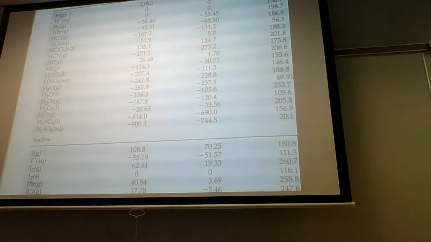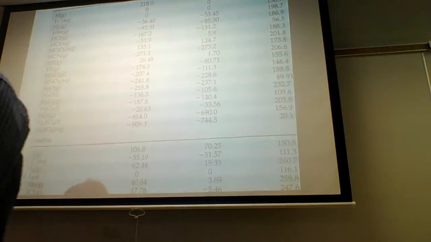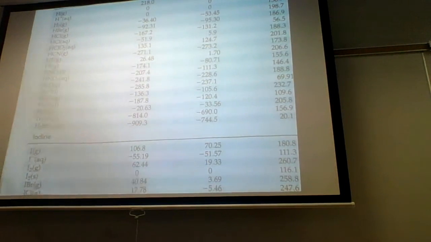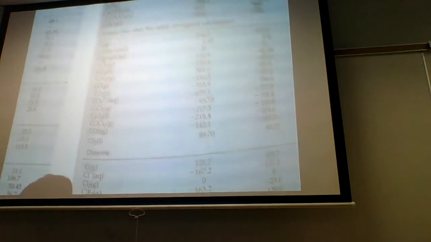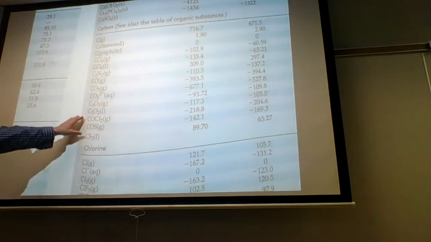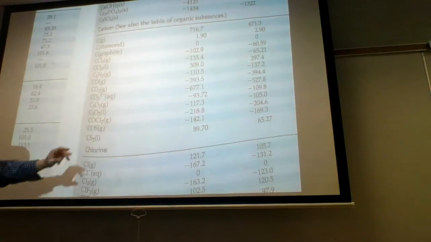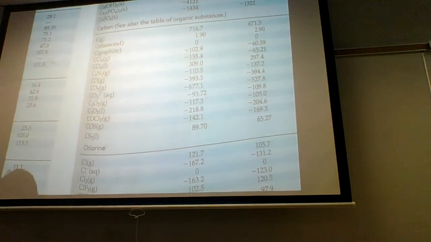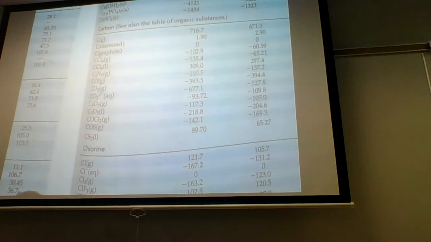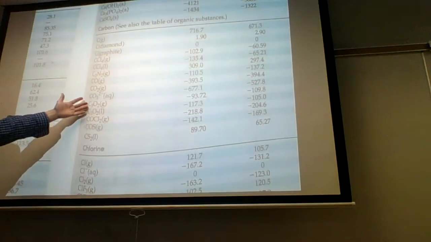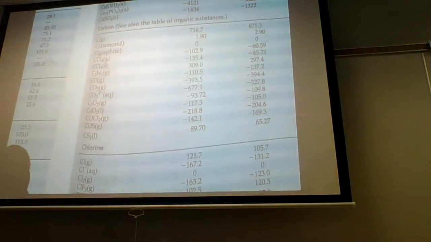Okay, minus the reactants. The reactants are going to be C6H12O6, glucose. Let's go to carbon, C. When I look at C, I don't see it here. One of the reasons is because the glucose is considered an organic substance, whereas these, like carbon dioxide, are considered inorganics.